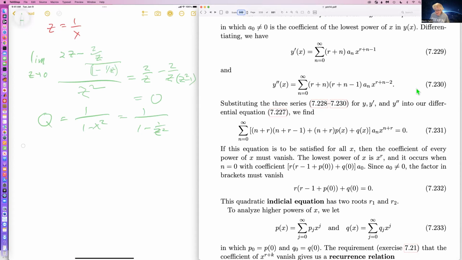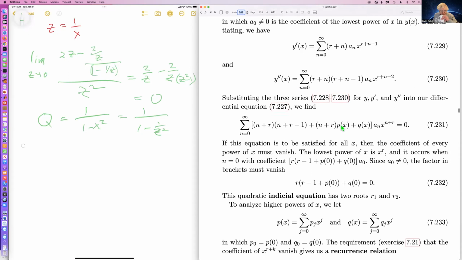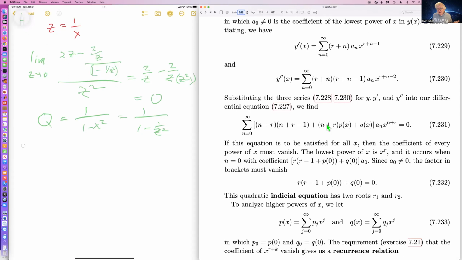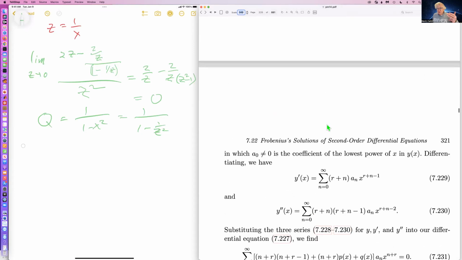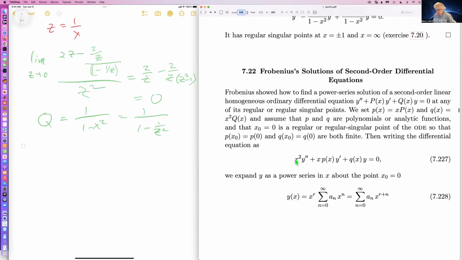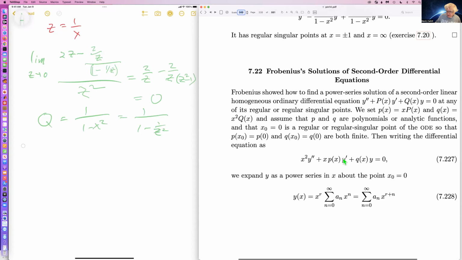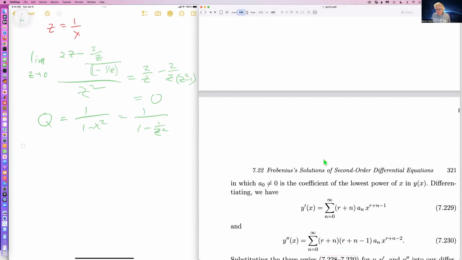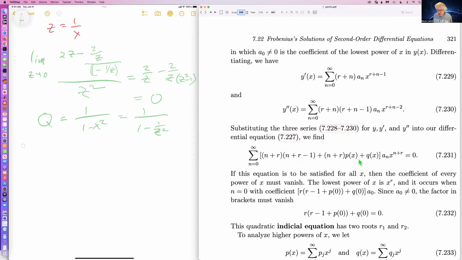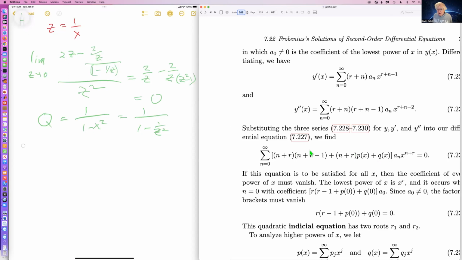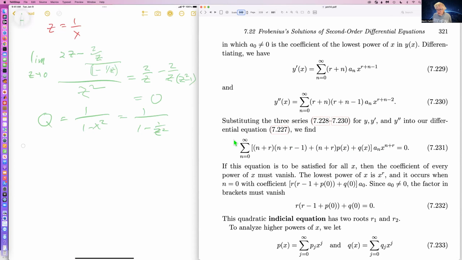Now, when you put them back into the differential equation, remember to multiply the double prime by x squared and the prime by p of x times x. What you get then is this structure here. Now, if p and q were just numbers, we could get an immediate recursion relation from this.